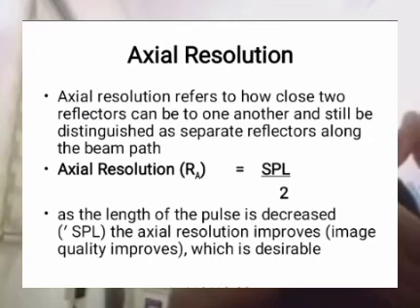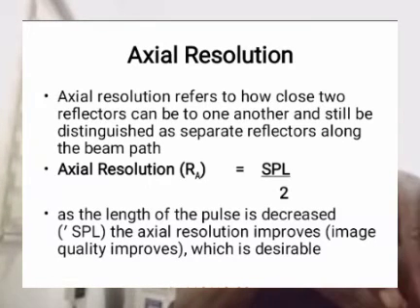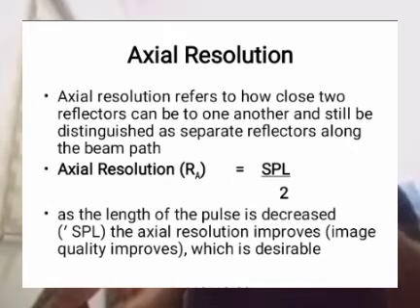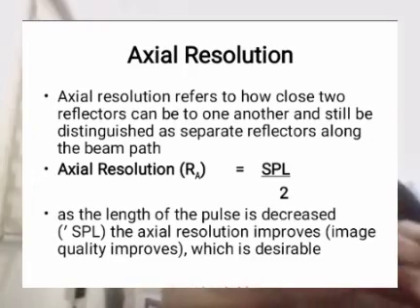Axial resolution, which we depict as R subscript A, is equal to SPL over 2. So as the spatial length of the pulse decreases, the axial resolution improves. And when the resolution improves, the image quality improves and is desirable.